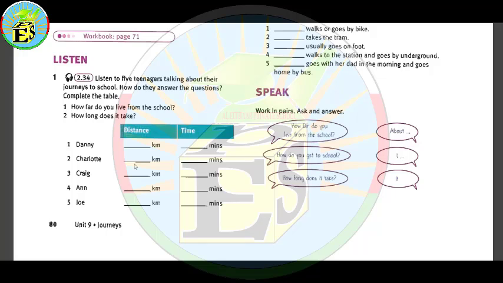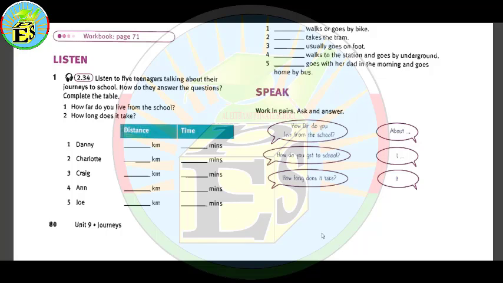About 20 or 25 minutes. 3. Craig. How far do you live from the school? I live just round the corner, about 200 metres. So do you go on foot? Yes, usually. Or sometimes I go by bike. How long does it take? Just 2 or 3 minutes.